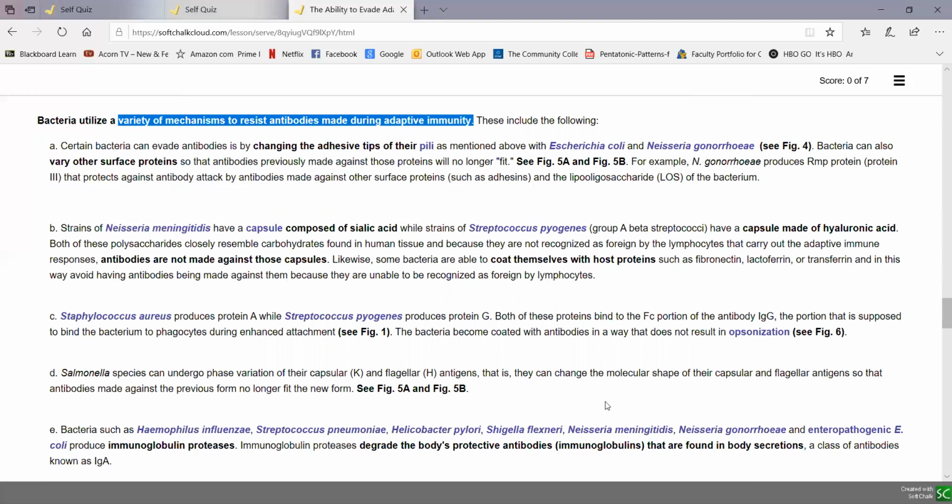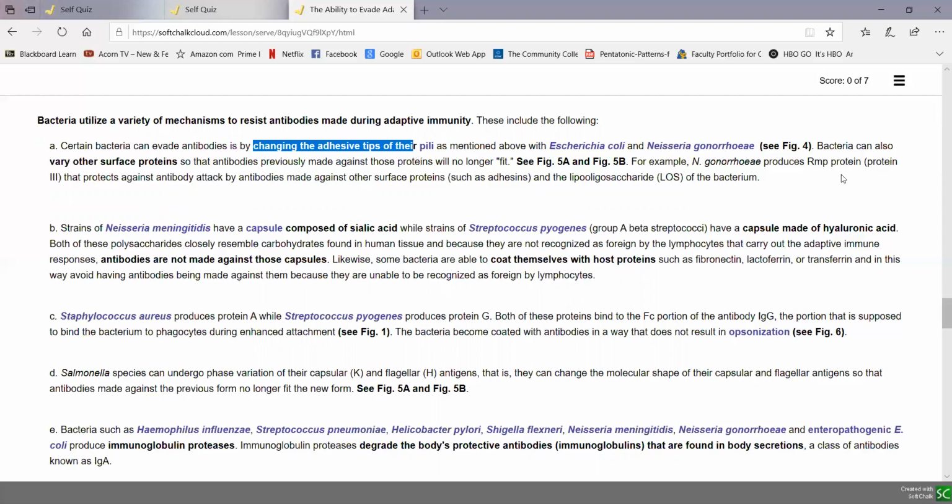Now, when we talked about pili back in Unit 1, we mentioned that bacteria can change the adhesive tips of their pili. Escherichia coli, the urogenic strains that cause urinary tract infections, are very good at doing this. Neisseria gonorrhoeae is very good at doing this, which allows it to adhere to a variety of different cells in the body.